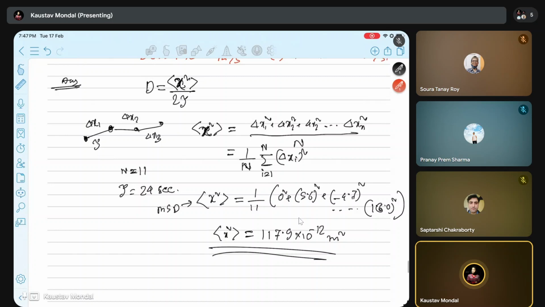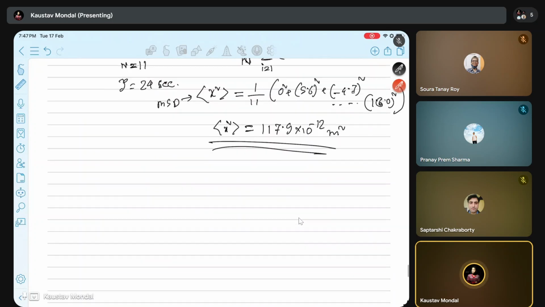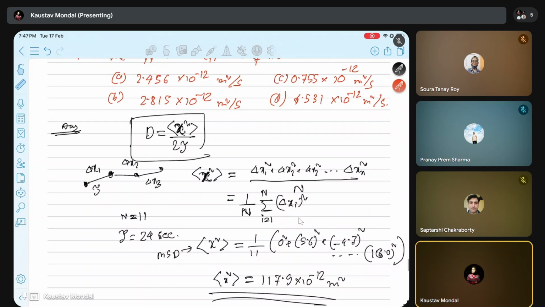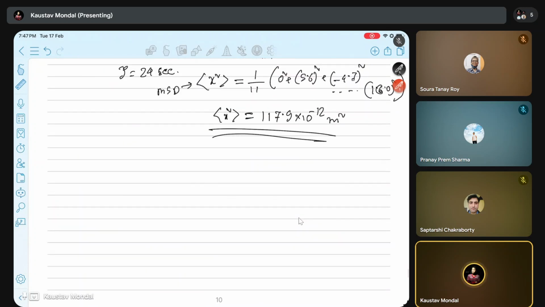Now that you have MSD and you know tau, substitute into the equation of D. From there you get the numerical value. That is 117.9 into 10 to the power minus 12 divided by 2 into tau.